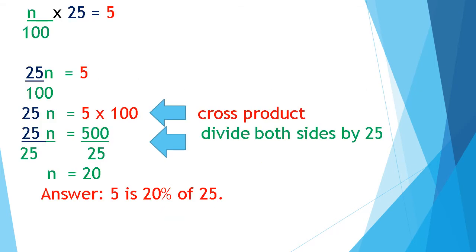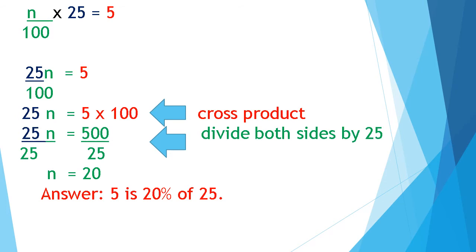We are going to find the cross product. So 25n times 1, below 5 we have a denominator 1.